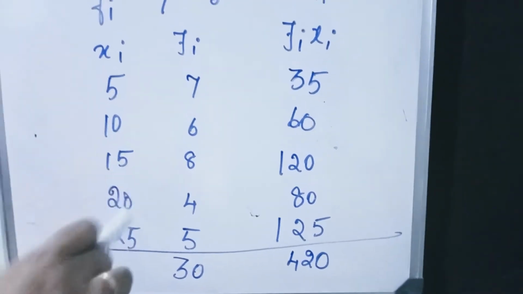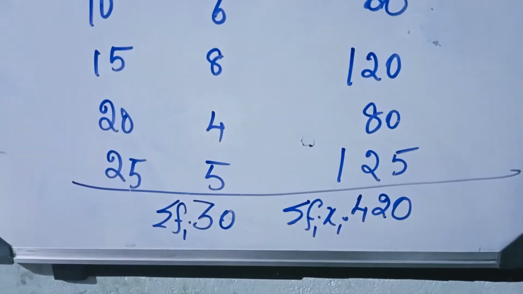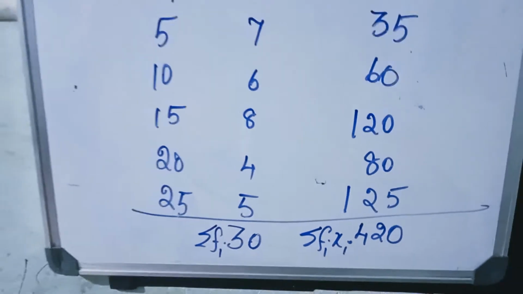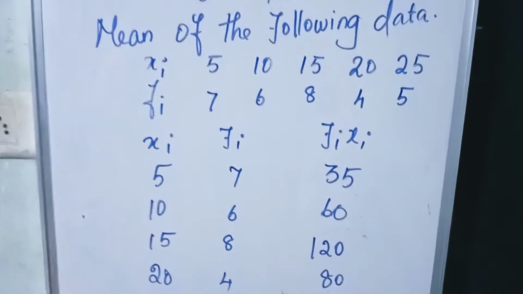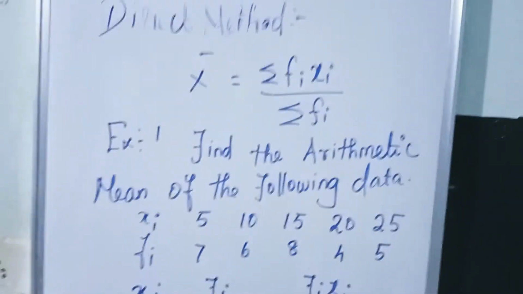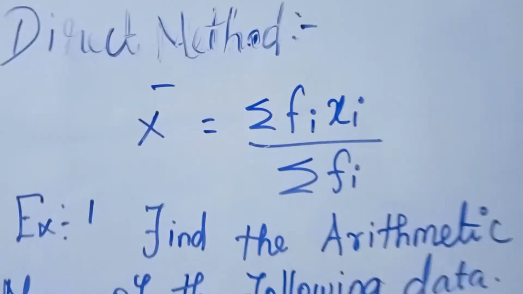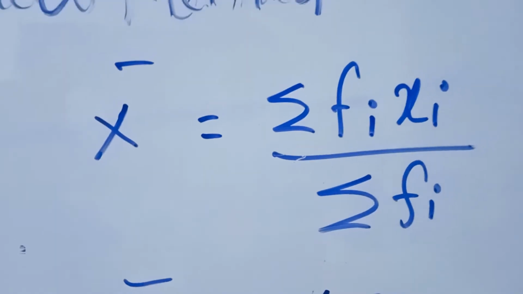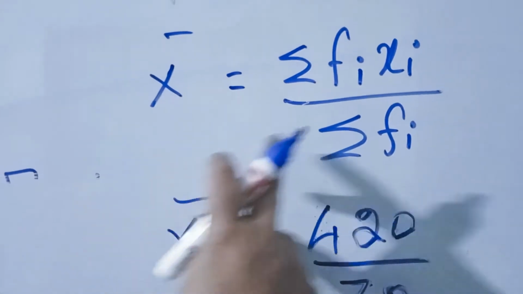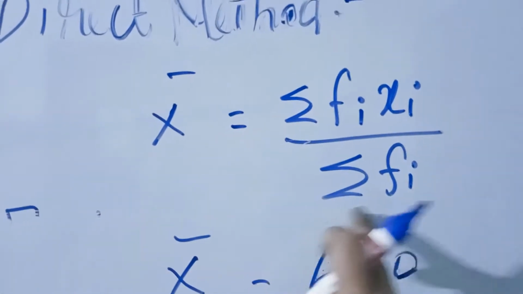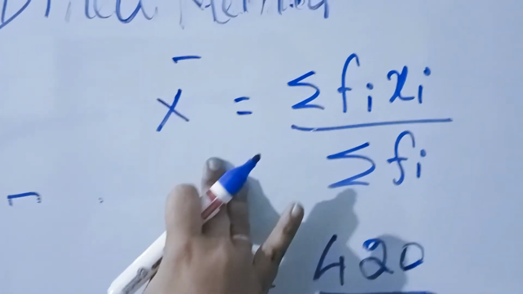Now we can apply the formula. So x bar is equal to sigma fi xi divided by sigma fi. This is the formula for the direct method.